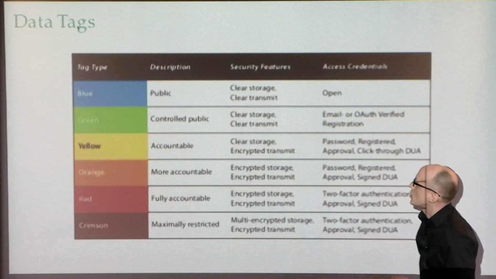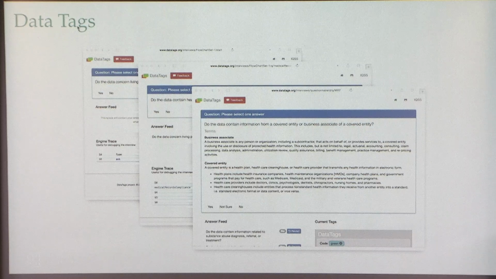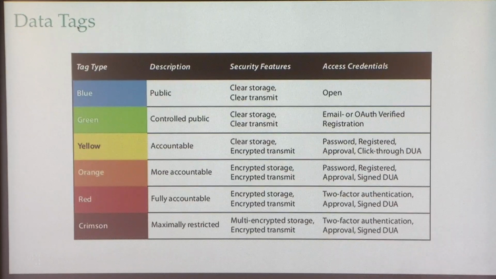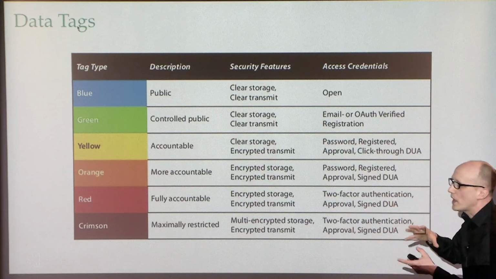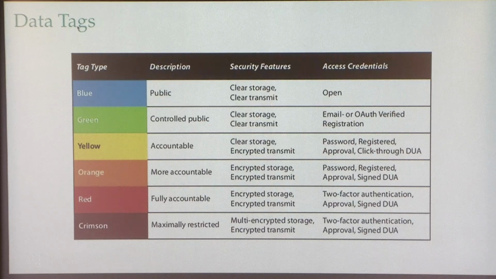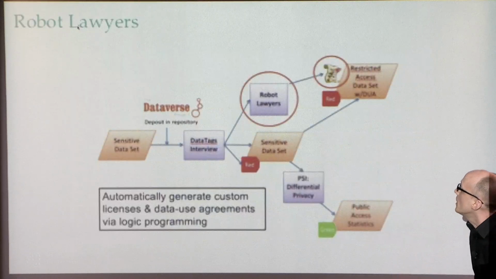So here's an example of a series of interviews that are structured around a directed graph, and then code data sets into these levels, which get embedded into the metadata of the data set in the repository in a way that's actionable from that point on. We know the data set has some machine actionable set of policy rules, both about security features and access credentials. So this is one product of this system that might interest you.